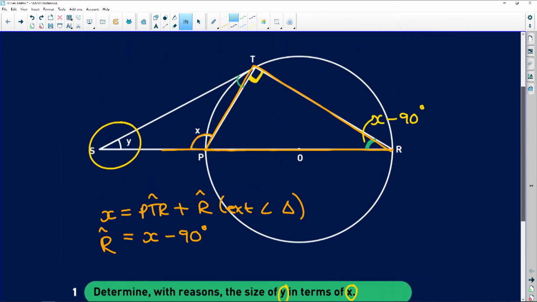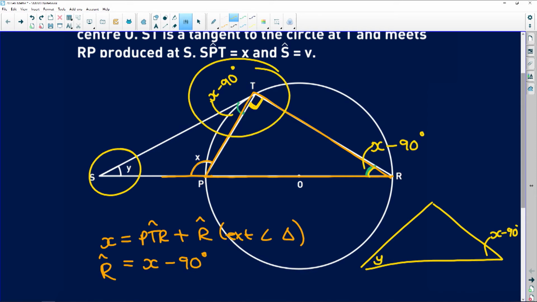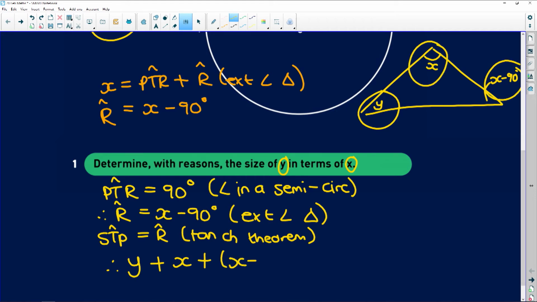Okay, so now we've established, we've got X minus 90 over here, X minus 90 over here at R, which means in our big triangle, remember we've got Y over here, we've got R over here, which is X minus 90, and then we have two angles happening at this vertex T. If I add them together, I've got X minus 90 plus 90, so this whole angle here is equal to X. Okay, so therefore Y plus X plus X minus 90 degrees is equal to 180 degrees.